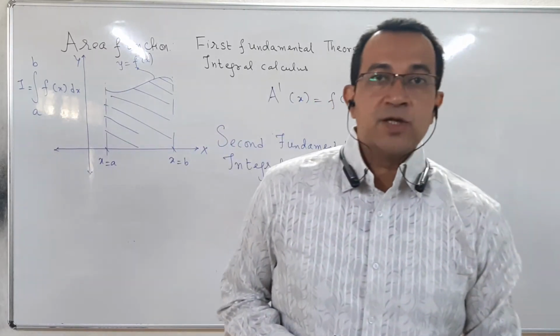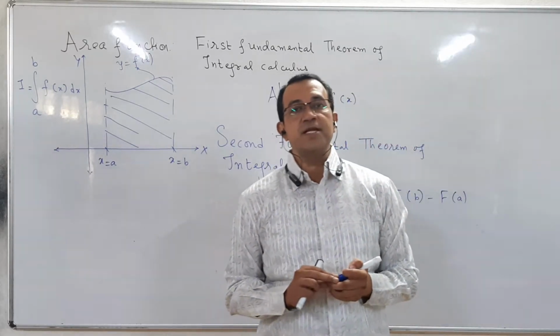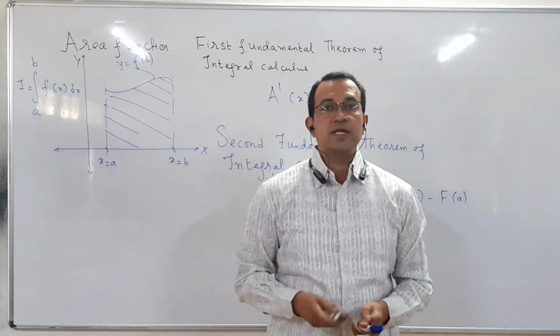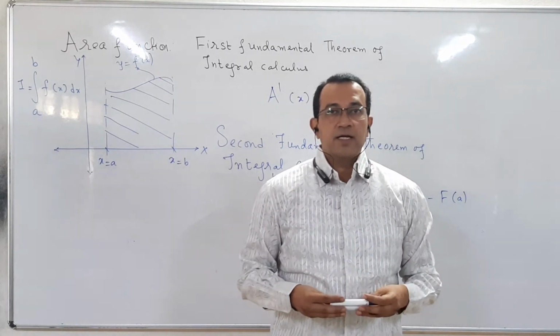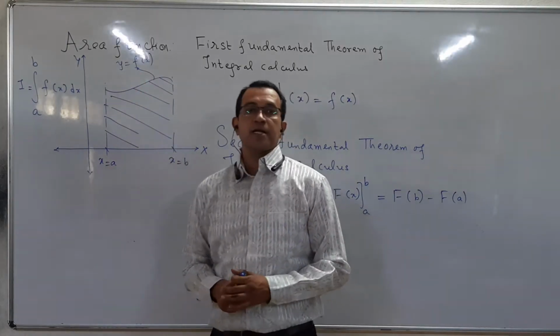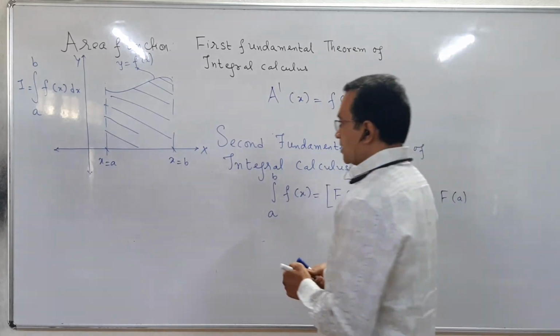Once again, students, if I want to evaluate integral a to b f(x) dx, then that value is nothing but the area bounded by this continuous curve, the x-axis and the vertical lines x is equal to a and x is equal to b.